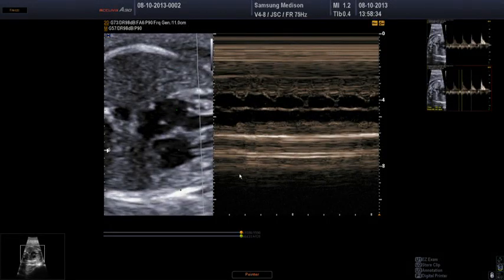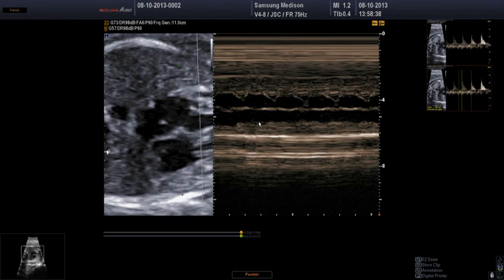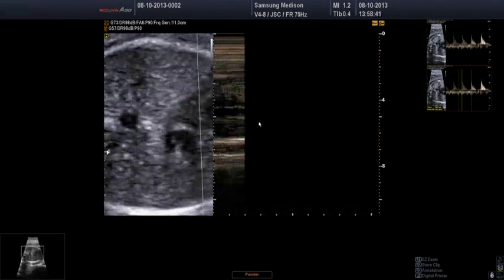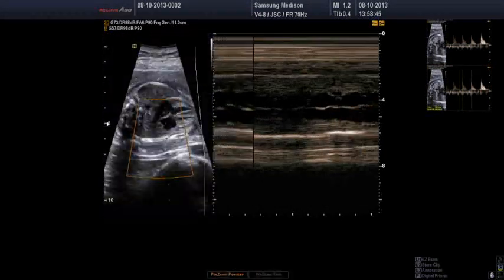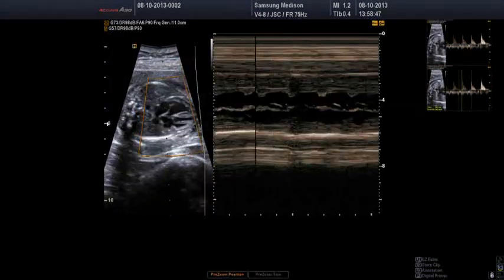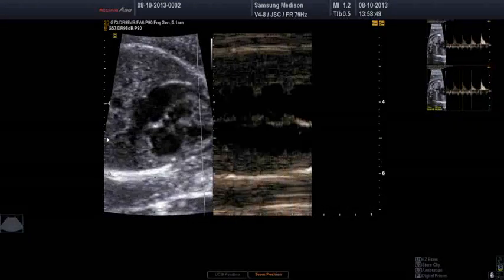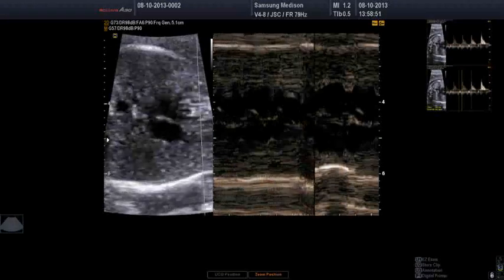Right, I'm going to freeze it there. Can we make this bigger here? You can do a zoom first and then come in. Yeah. Let me zoom it again, because I think it's one important point on the left heart where a lot of people have difficulty understanding what the M mode represents.